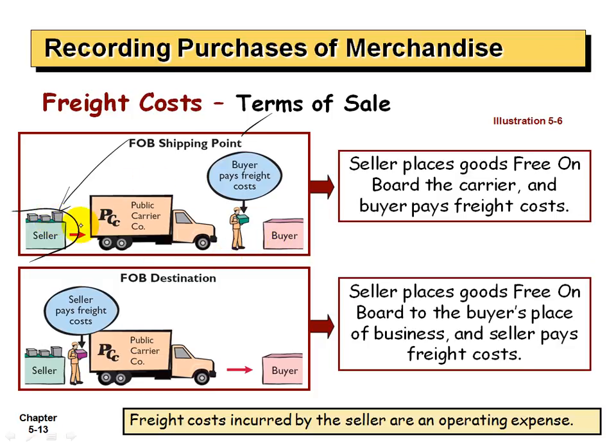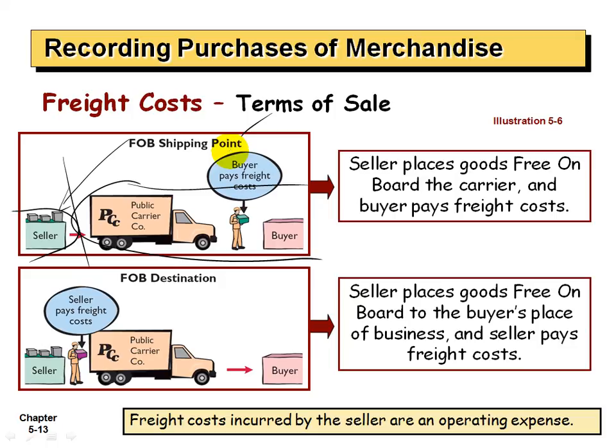Here's a shipping company, and once the shipper picks up that merchandise, it is owned by the buyer. The buyer is responsible for the merchandise along the way here. Okay, so the seller gets rid of it at the shipping point. The buyer takes it over and pays the shipping cost from this point. And again, the seller can arrange the shipping and tack it on the bill, but it's going to be charged again to the buyer, FOB shipping point.